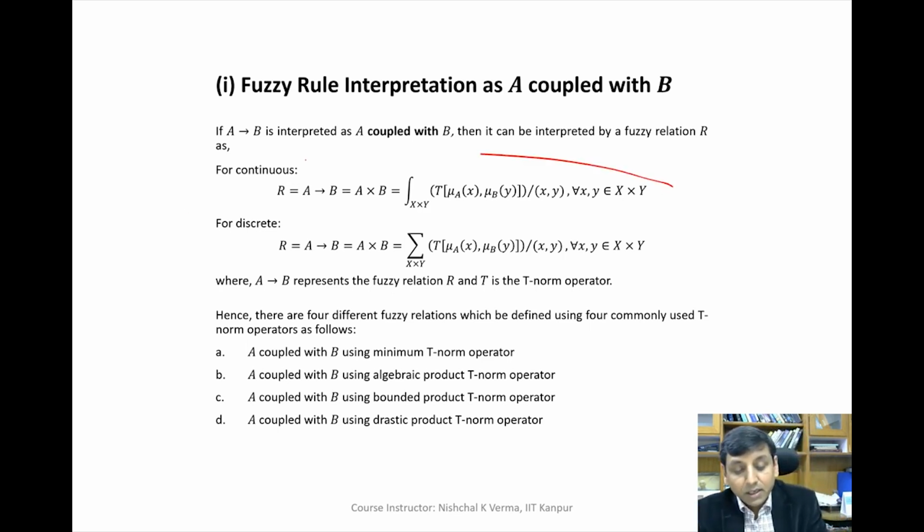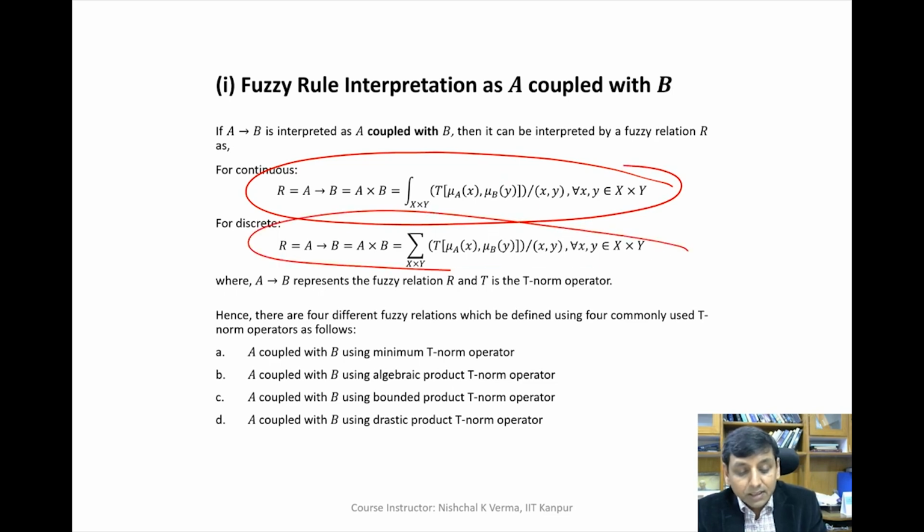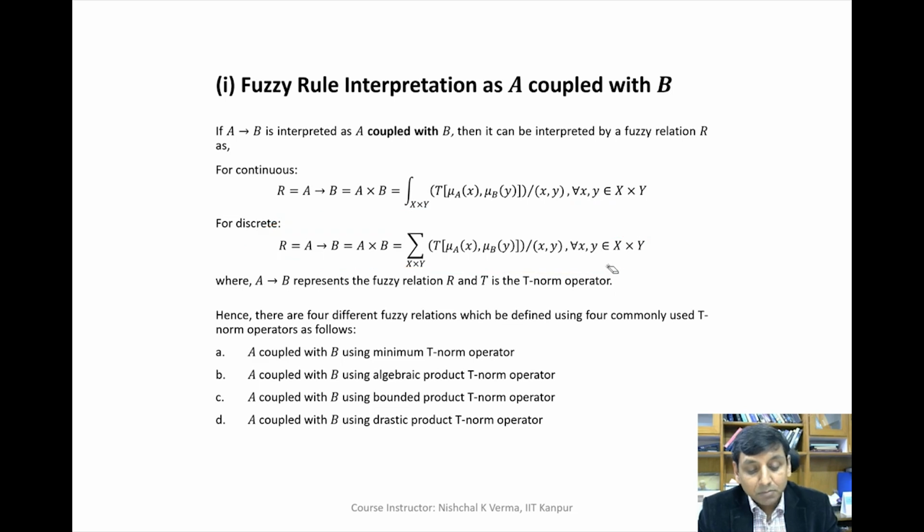R we know how we got. The same will involve here: when we say A coupled with B, it will involve the T-norm, or S-conorm. So here also we have the T-norm in the discrete version of it.